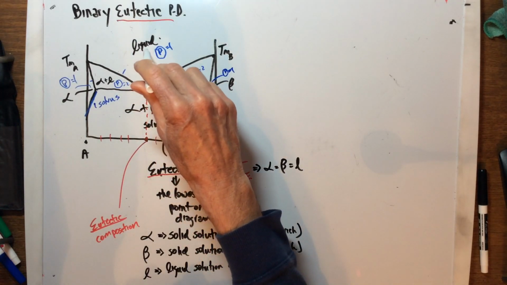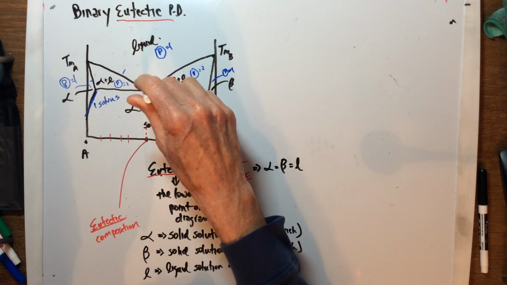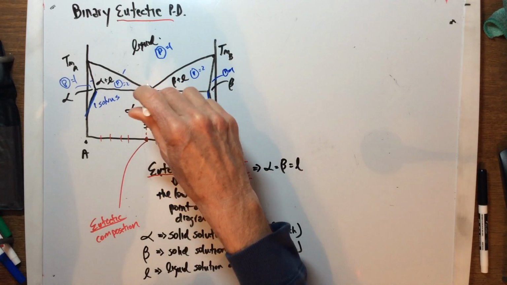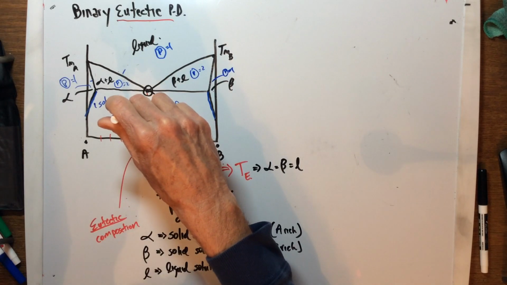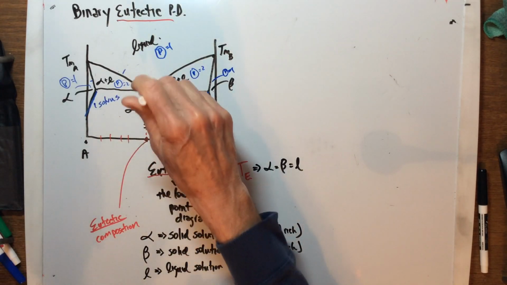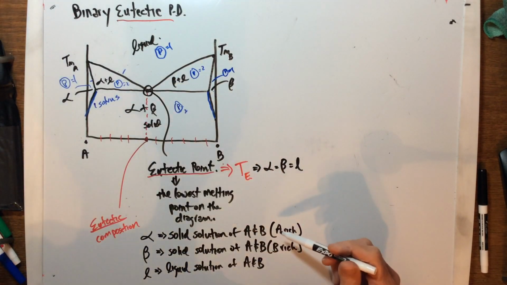So notice that from this liquid, it's going to decompose down here into a solid solution of alpha and beta directly from pure liquid.